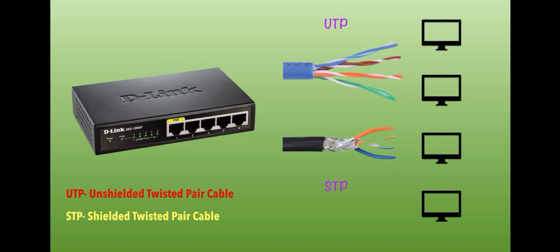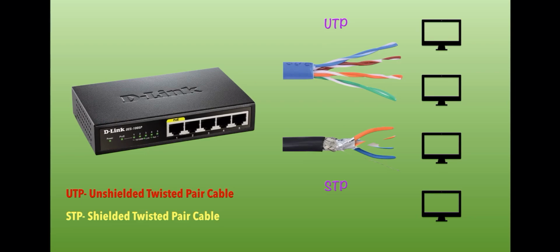The basic difference is that in STP the twisted pair cable, as you can see, is covered by a foil, it is guarded by a foil, so it is shielded. That's why it's called a shielded twisted pair cable, and UTP does not have the same thing, so it is called unshielded twisted pair cable.